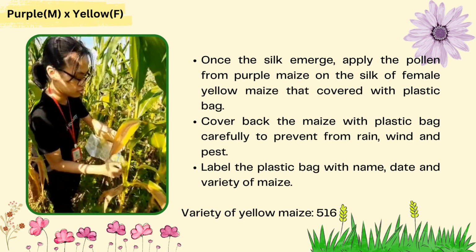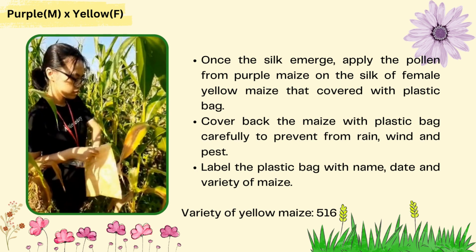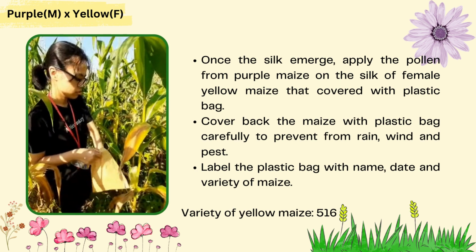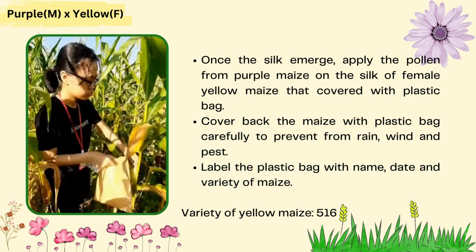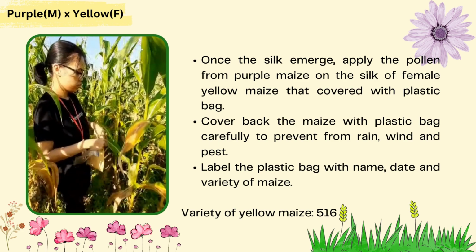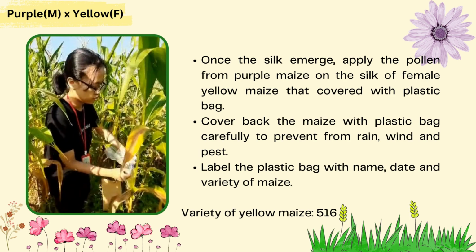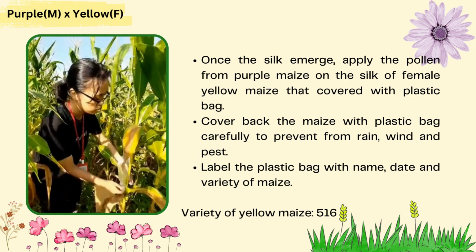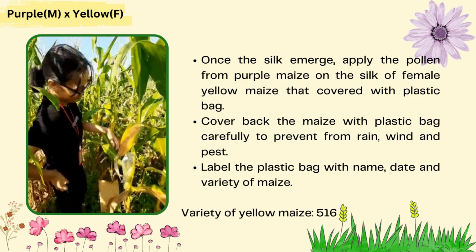Firstly, once the silk emerges, apply the pollen from purple maize variety 519 on the silk of yellow maize that is covered with a plastic bag. Then, cover the maize back with the plastic bag carefully to protect from rain, wind, and pests.